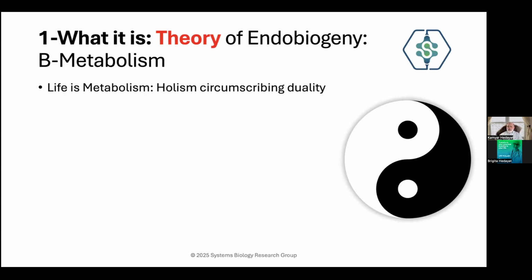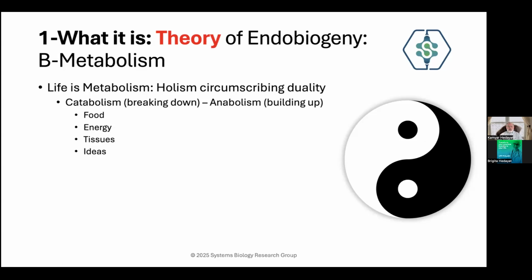So metabolism, if we looked at this yin-yang symbol, is the entire circle. And catabolism would be, for example, the white shape, and anabolism, which is building up or restoring, would be the black. So here we have these two constantly interacting principles, and together the balance of catabolism and anabolism is what we call metabolism.